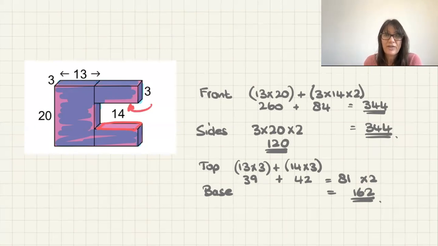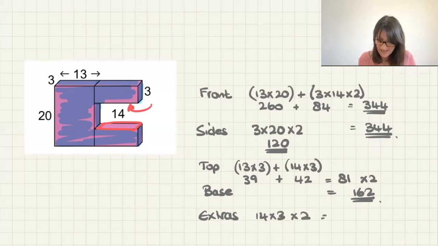All right, so they are the ones I need to identify. So colouring in as you go is quite a good idea. And I can see 2 faces are still not accounted for. So I'm going to need to do those as well. So I've got my extras, if you like, of 14 times 3. I've got that twice, okay, which is going to give me 84.